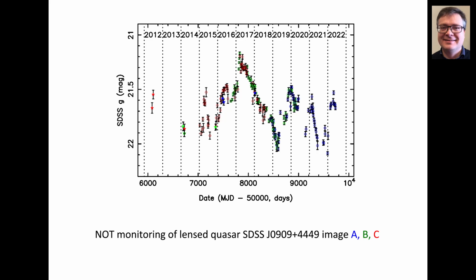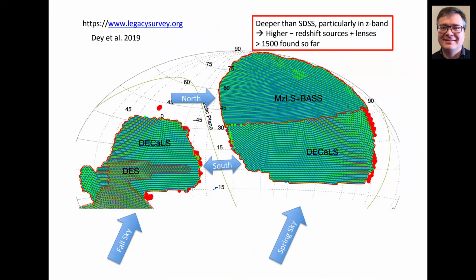So that was some very brief highlights from the previous iteration using Sloan. But now there's a new survey available since a few years ago, the Legacy Survey, or Legacy Surveys.